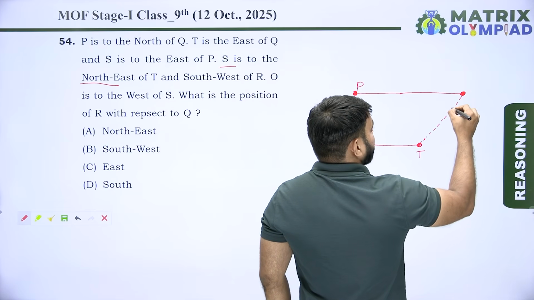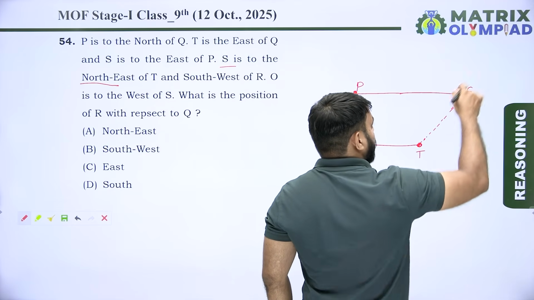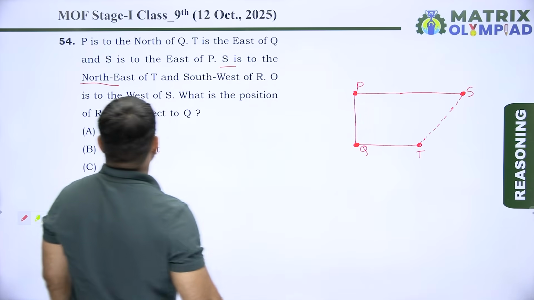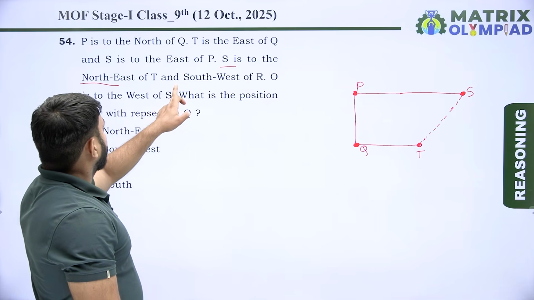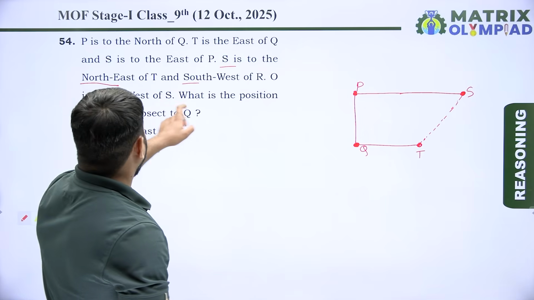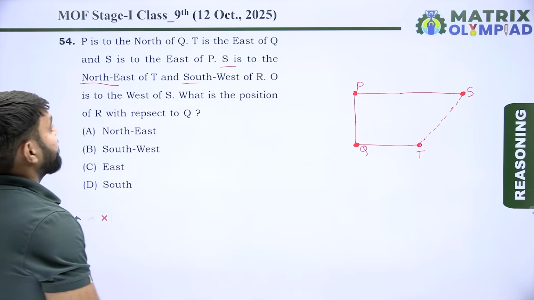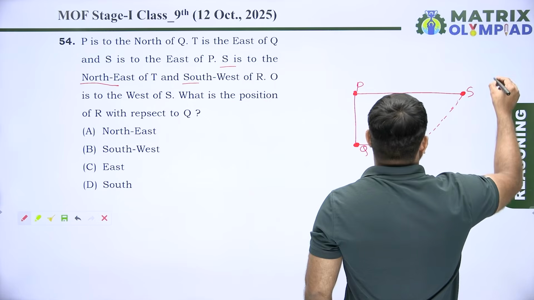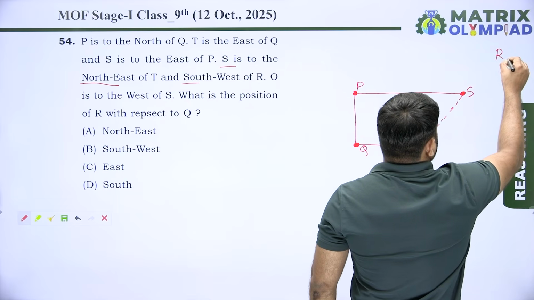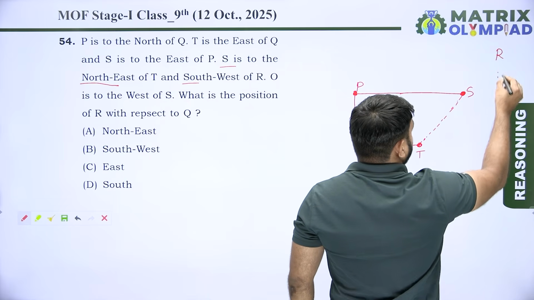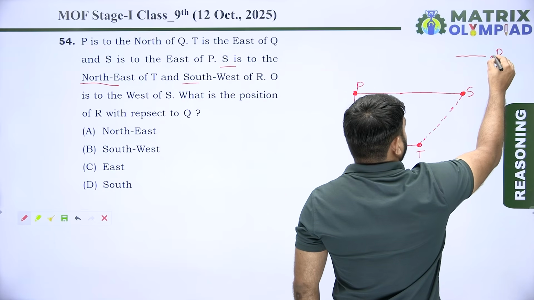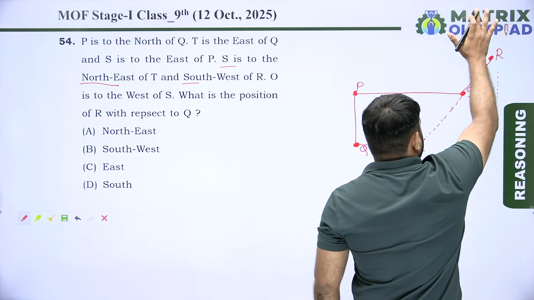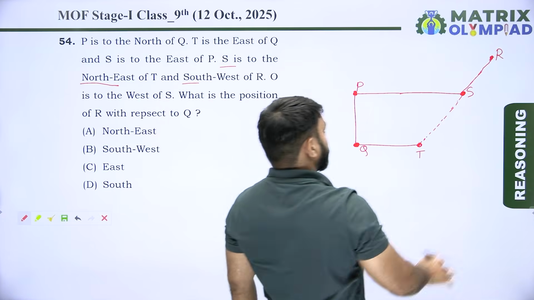So S is northeast from T, and S is also east of P. Next, S is the southwest of R. So here is R, and this is the south direction of R and this is the west direction of R. Now here is R and S is the southwest of R.